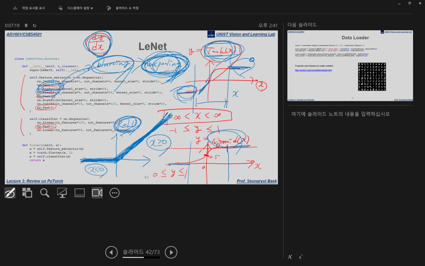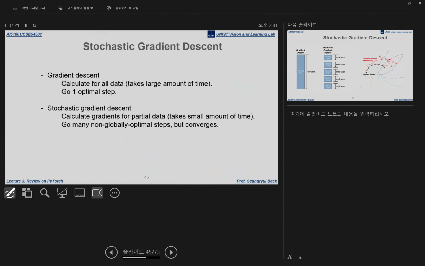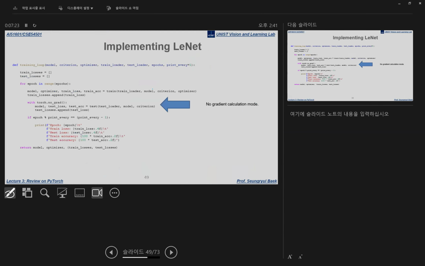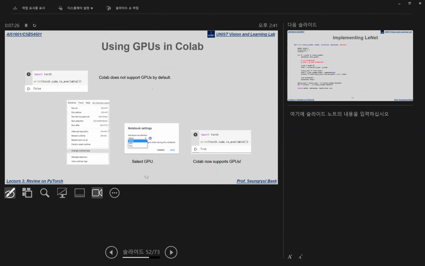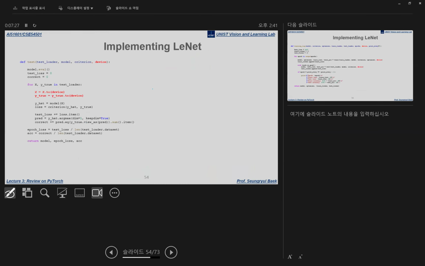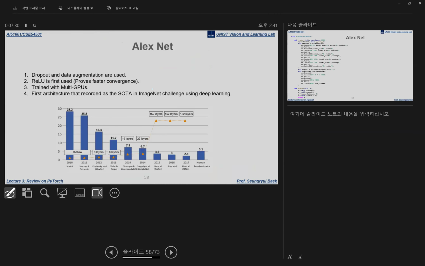Compared to the LeNet architecture that uses the hyperbolic tangent and average pooling, the first successful CNN architecture, AlexNet, used the ReLU function as the nonlinear function, and also max pooling as the pooling operation, for the first time.